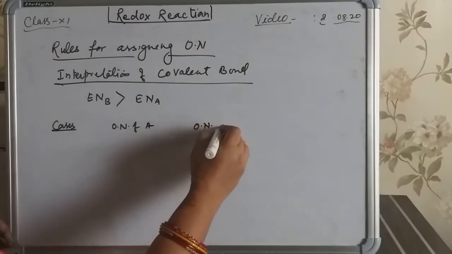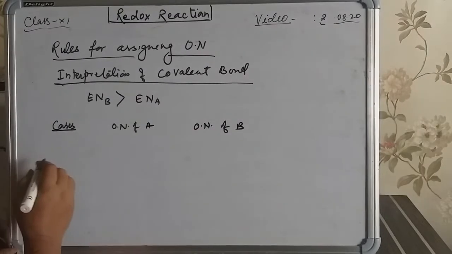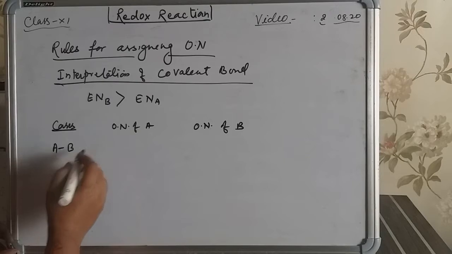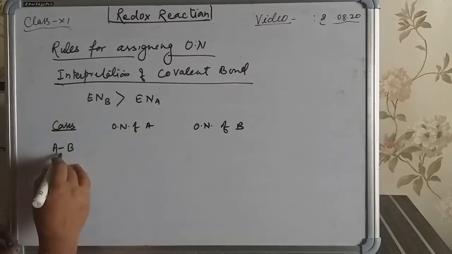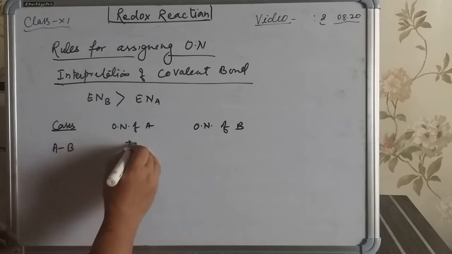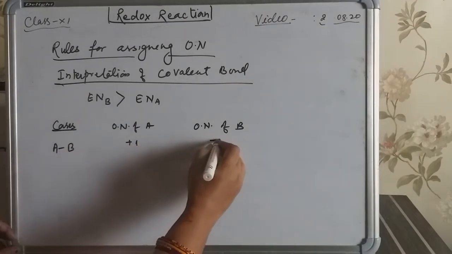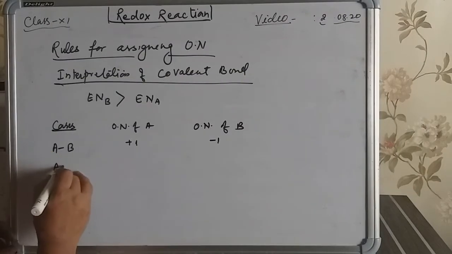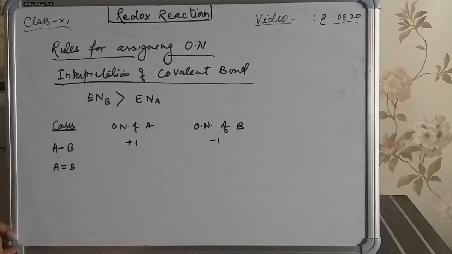Oxidation number of A and oxidation number of B. Suppose we have a simple covalent bond AB, and as we know B is more electronegative than A. In that condition, A acquires +1 and B acquires -1. Next, A and B form a double bond.